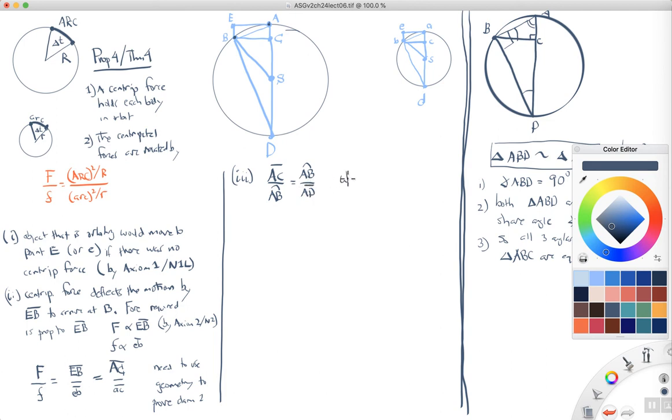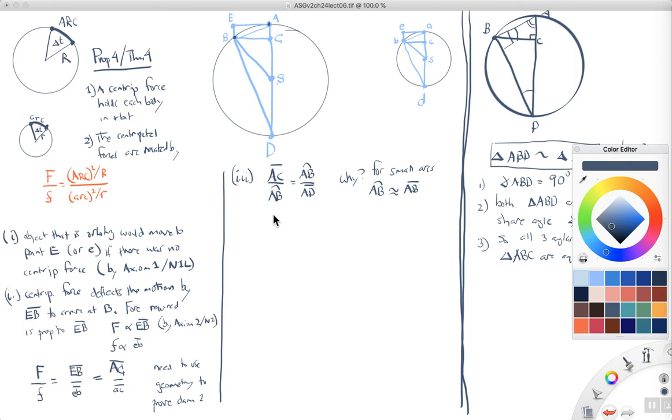Why is this true? Well, this works as long as this arc length AB is a small arc length, it can be approximated by this chord. So for small arcs, the arc length AB is approximately equal to the line segment AB.